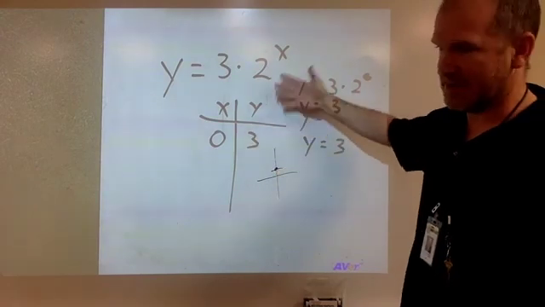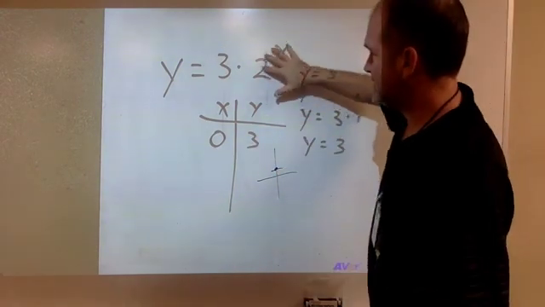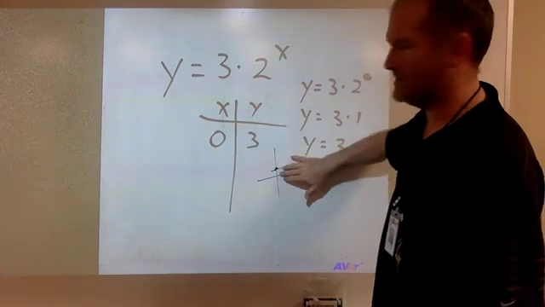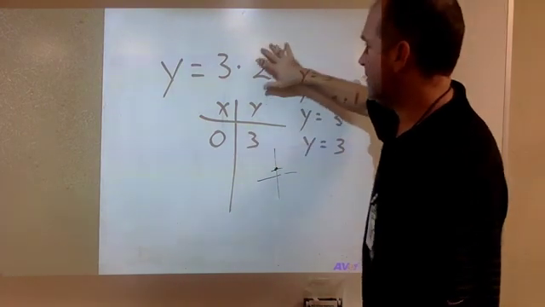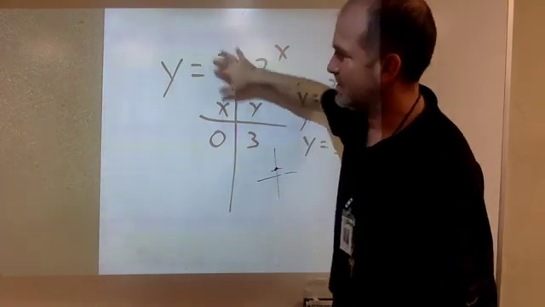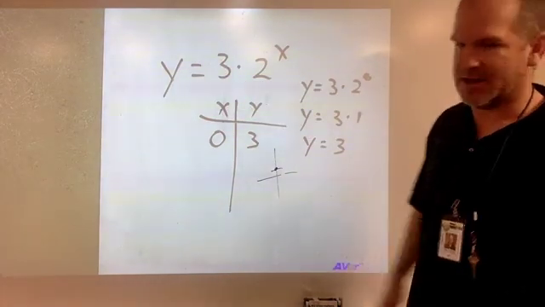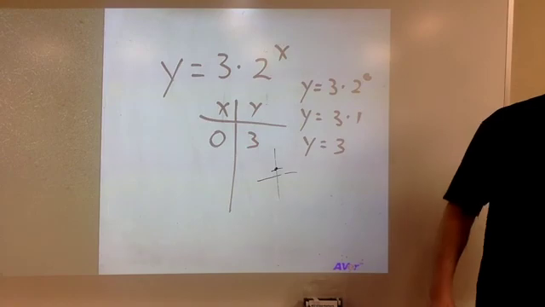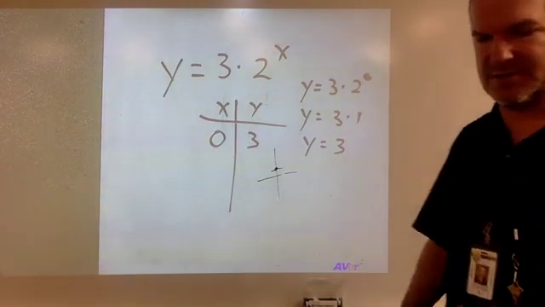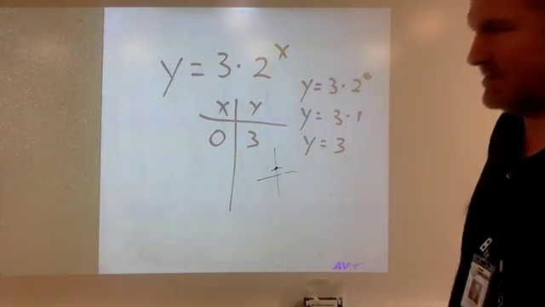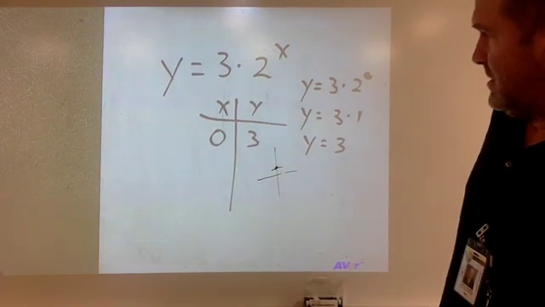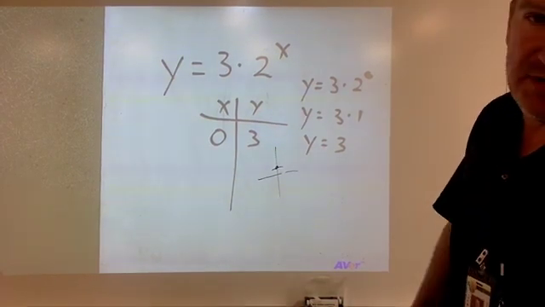And this is what they're saying. If it's just some number to the x power, then yes, it passes through 0, 1. But if it's some number to the x power with another number being added or multiplied to it, then no, it does not. So that's a basic introduction to exponential functions. I'll get into more detail with this tomorrow.